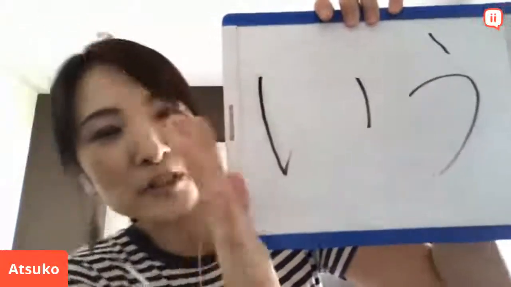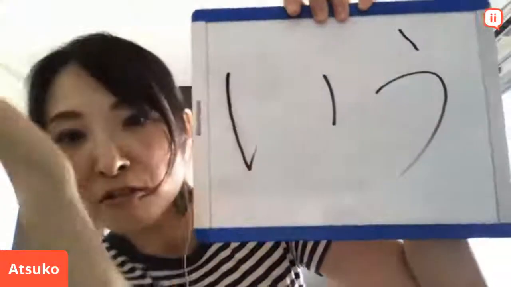Okay. Then next, I, U, E, O. Thank you, George-san. I and U are not difficult, so I write at the same time. Okay? I explain at the same time. I and U. First stroke is a little bit curved and goes to the right.